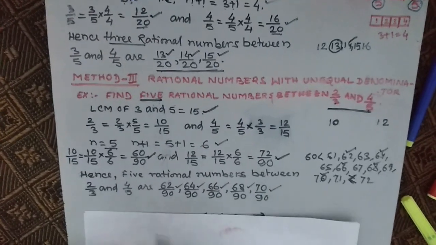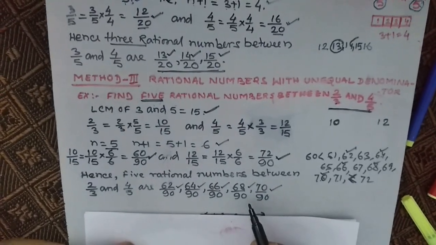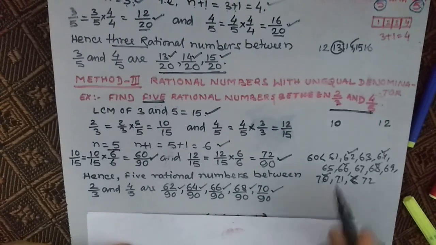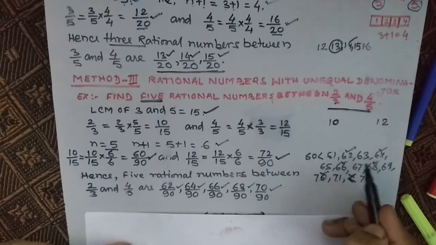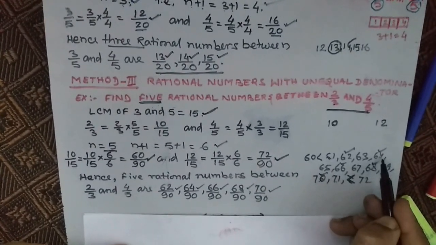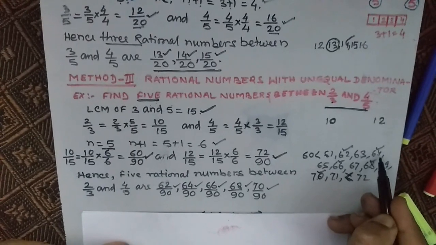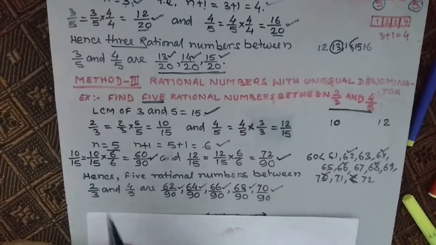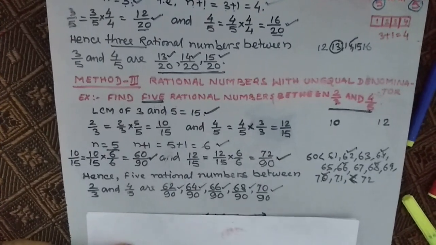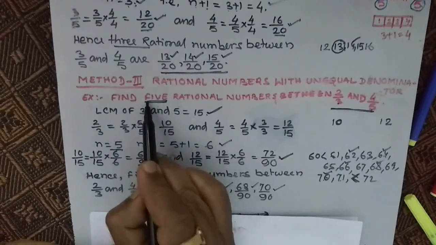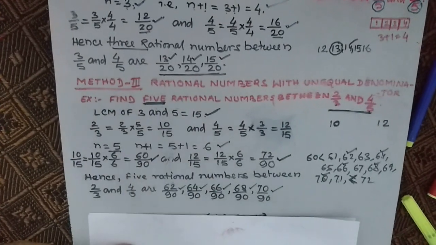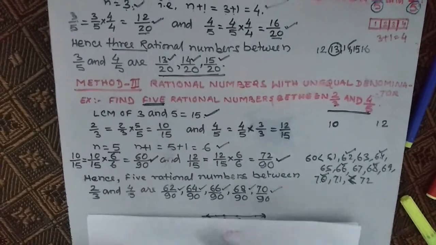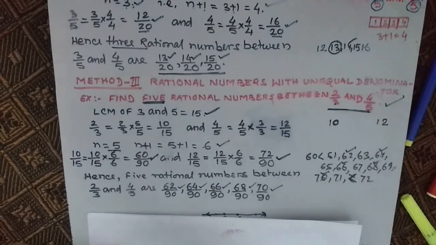These are 5 rational numbers. But you can also write 61 by 90, 62 by 90, 63 by 90, 64 by 90. But you have to remember, you have to write only 5, not more than 5, because the question asks for 5 rational numbers in between the given rational numbers.